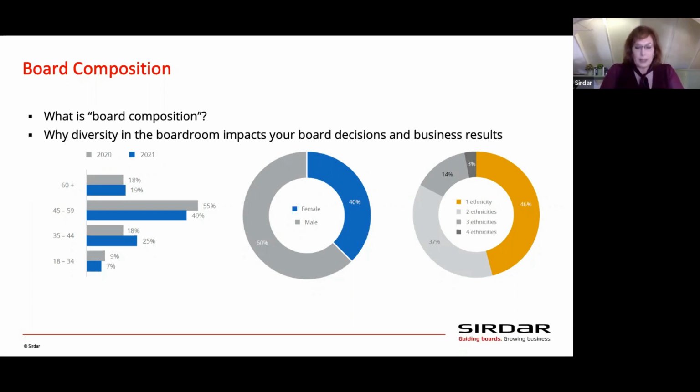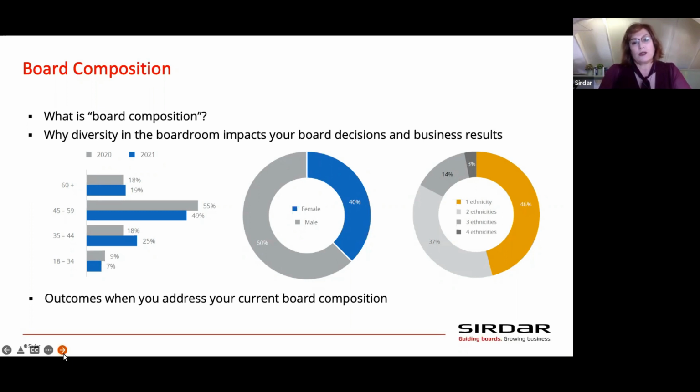Now, let's take that next step and go down to outcomes when you address your current board composition. What we've seen is that boards with at least one independent director are evaluated as significantly more effective than boards without any independent directors.